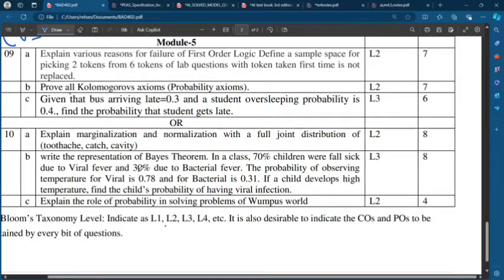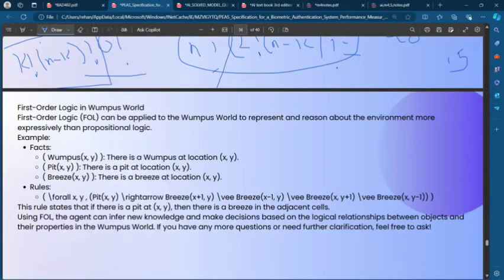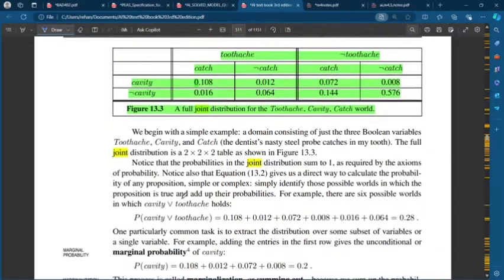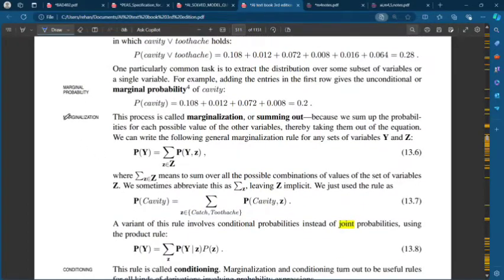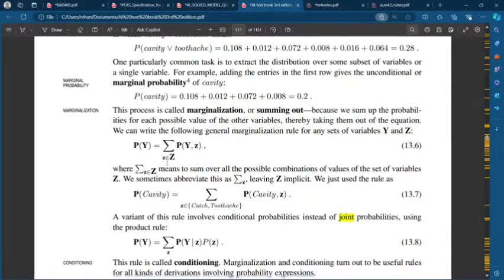Now what they have asked is: explain marginalization and normalization with the full joint probability distribution. Marginalization: the process is called marginalization or summing, because we sum up the probabilities for each value of the other variables, thereby taking them out. Marginalization is nothing but taking the sum of rows and columns.